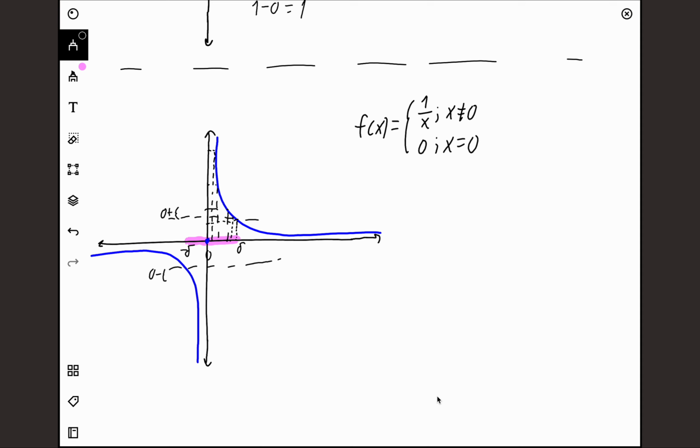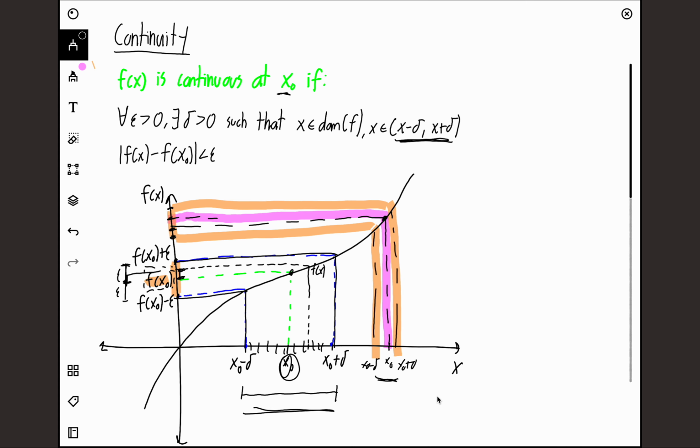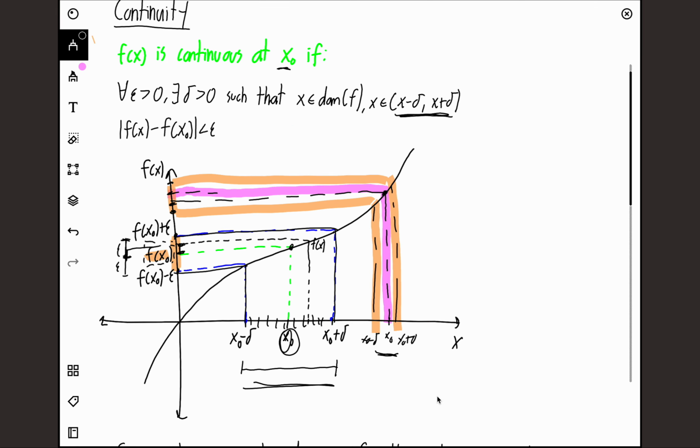It doesn't matter, epsilon can be 10. But no matter how small this delta belt is, eventually when we get close to 0, the function explodes to infinity. In the classic definition, the difference has to be less than epsilon, but here the difference actually goes to infinity.